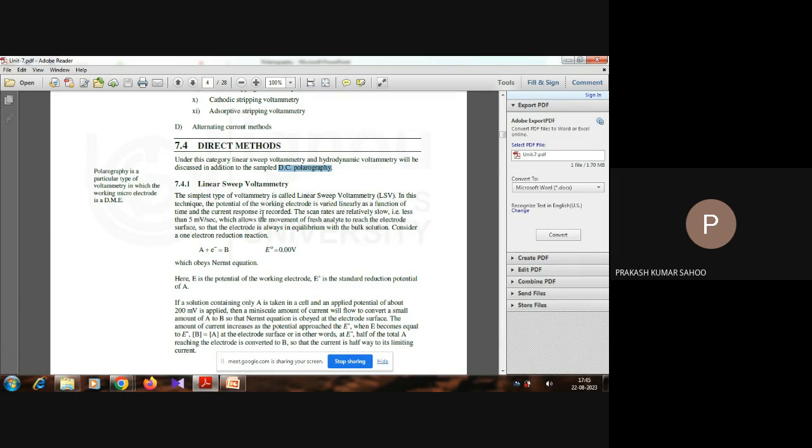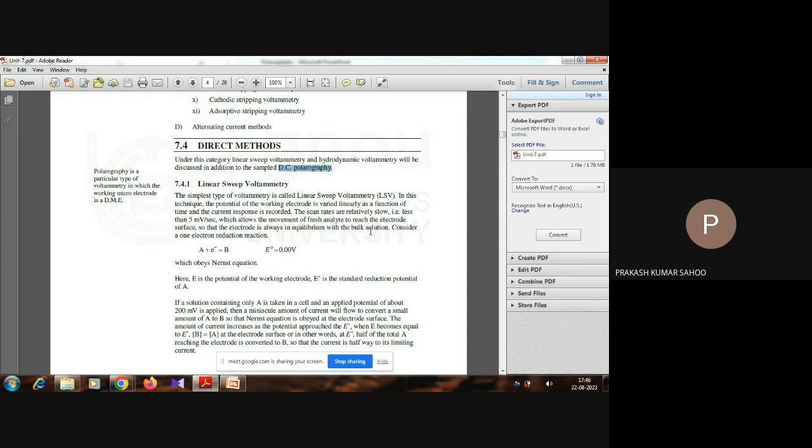The scan rate is relatively low, less than 5 millivolt per second, which allows the movement of the analyte to reach the electrode surface, so that the electrode is always in equilibrium with the bulk solution.